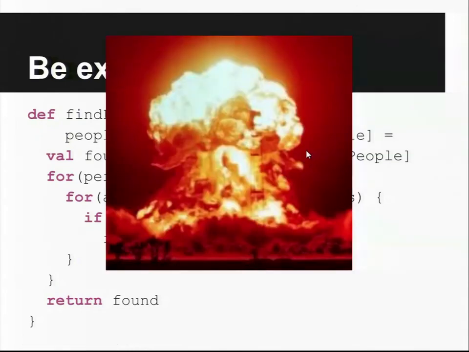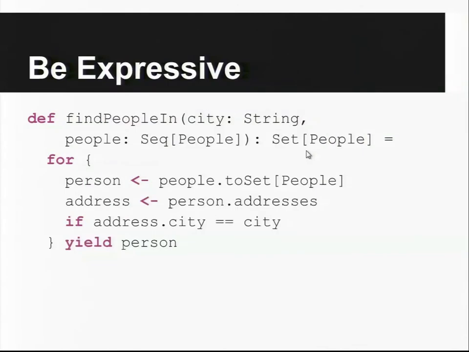That is not canonical Scala. We can do all this in one expression. It's called a for expression. I can iterate over all the people in a set. I can grab all the addresses. I can check to see if the address is a city, and then I can yield that person and return a value. So in Scala, you're doing transformations on your data. It's very, very, very good at modeling your domain and then ripping through it and finding stuff in nice, concise expressions.